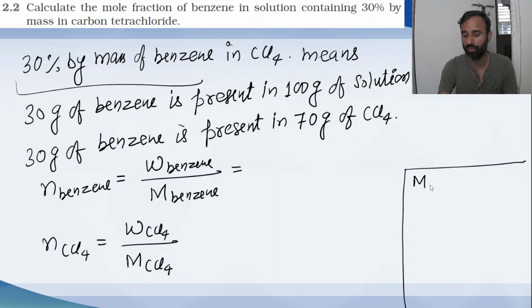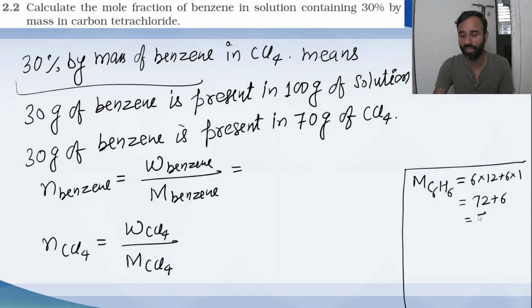Molar mass of benzene. What is benzene? C6H6 is 6 into 12 plus 6 into 1, because molar mass of carbon is 12 and hydrogen is 1. So 72 plus 6 means it is 78 gram per mole. So that means it is 30 over 78. Now CCl4.